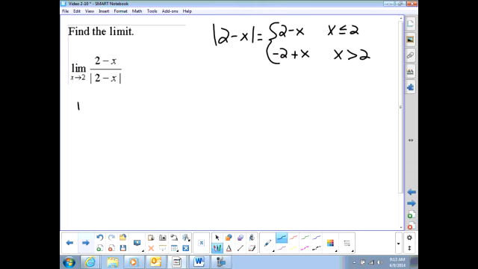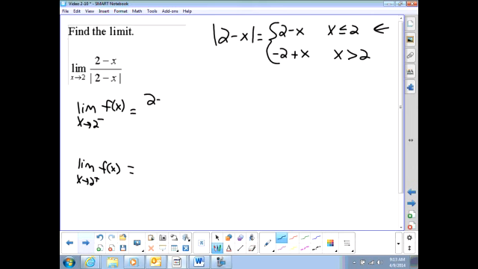So if we want to look at the limit as x approaches 2 from the left, and the limit as x approaches 2 from the right, we will use our redefined way of writing absolute value of 2 minus x. When we want to look at 2 from the left, we will really use the top part to replace the absolute value of 2 minus x.